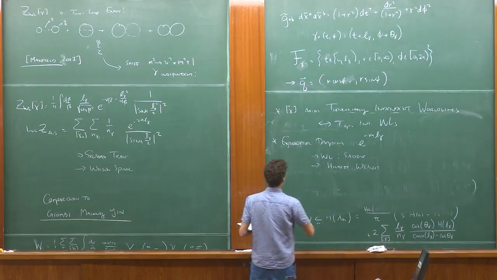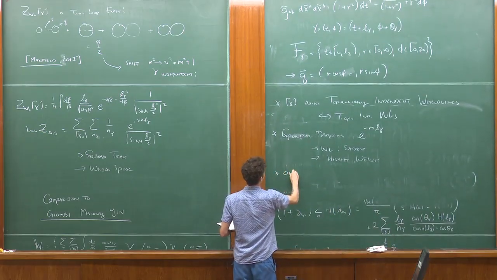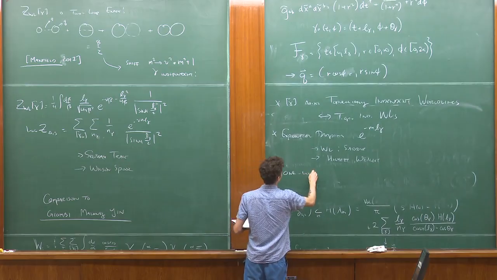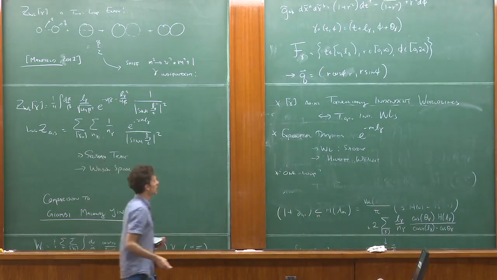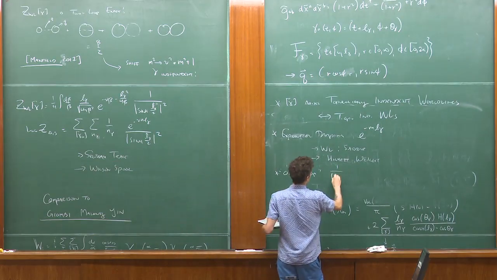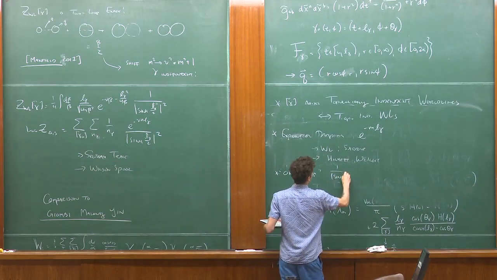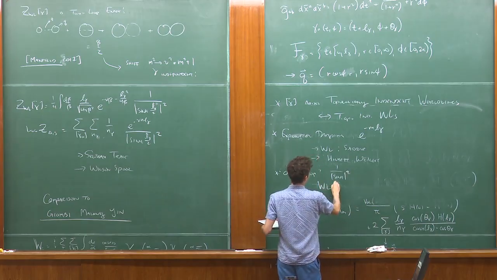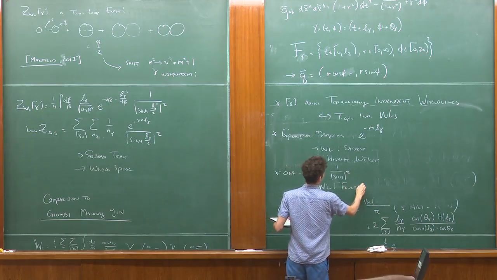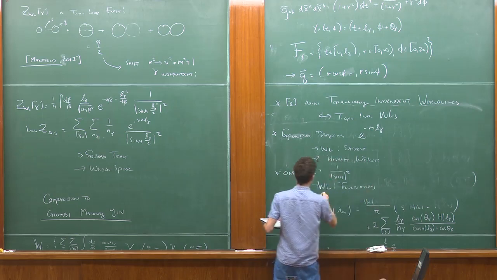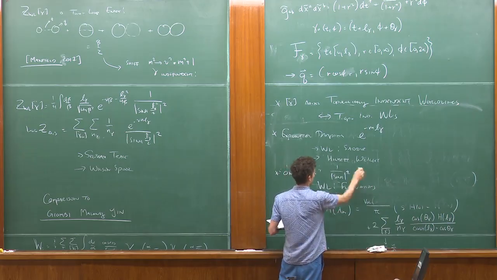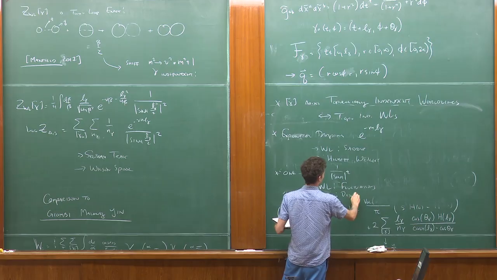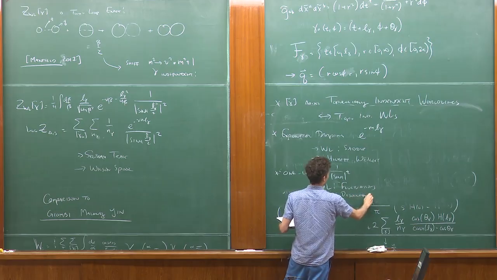But then we had these one loop factors. In the world line, these were fluctuations about that geodesic. And in the Wilson spool, this came from summing over the descendants within a given SL2R representation.